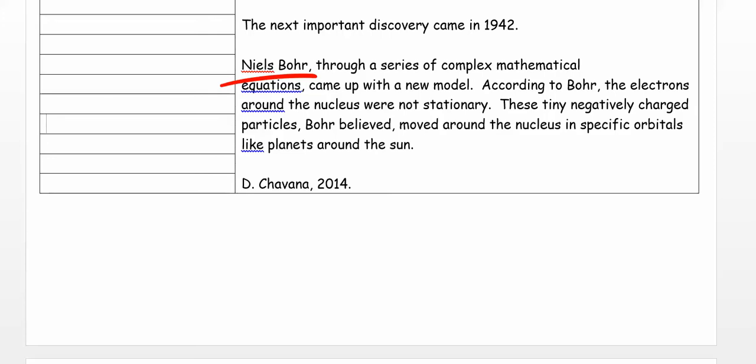According to Bohr, the electrons around the nucleus are not stationary, like plums in a plum pudding. These tiny negatively charged particles, Bohr believed, moved around the nucleus in specific orbitals like planets around the sun. Okay, so if you think of the planets moving around the sun in our own solar system, that's how Niels Bohr thought of the electrons. The electrons moved around the nucleus like planets around the sun.